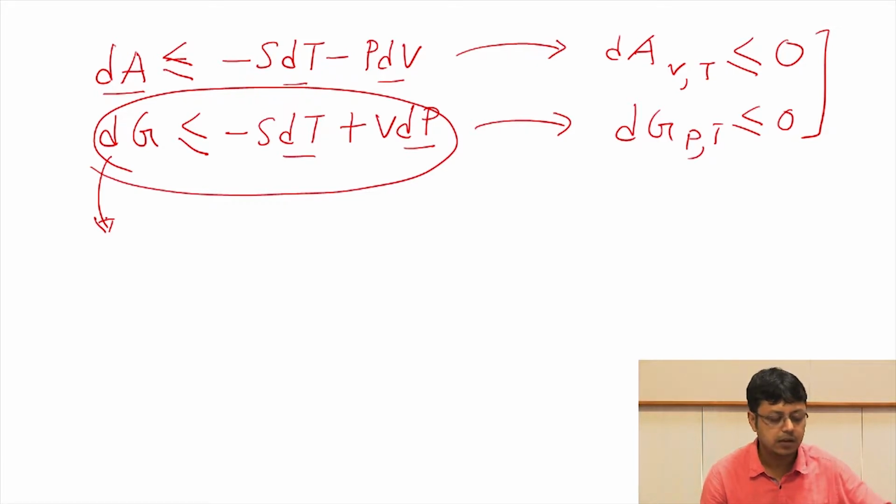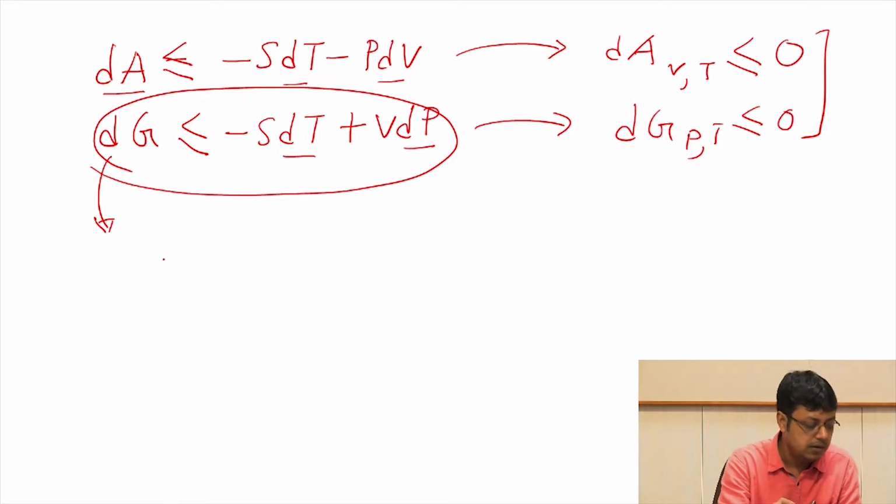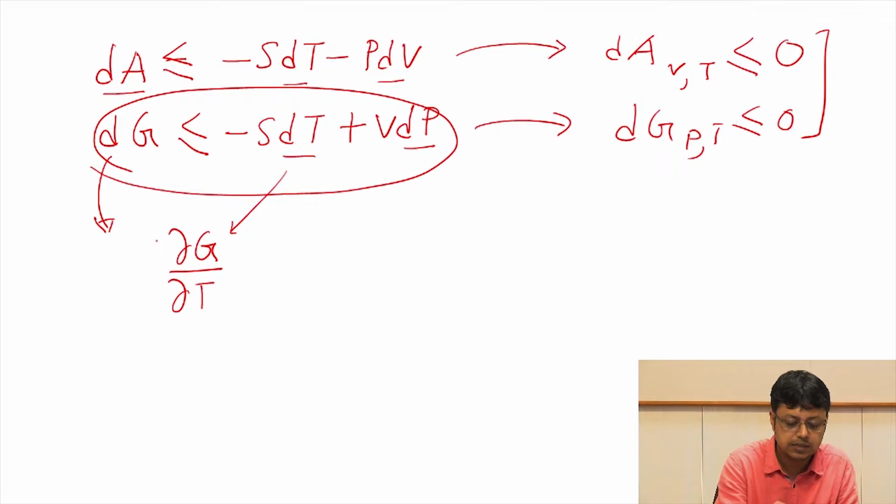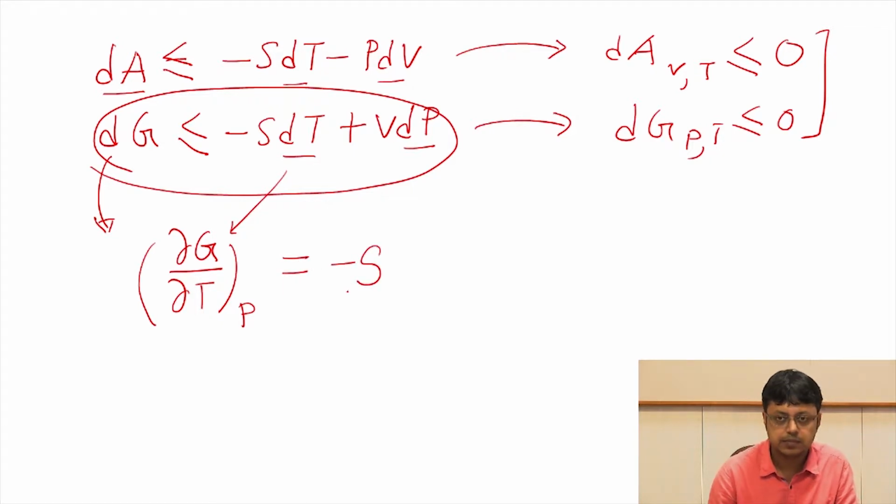Because just like we formulated the Maxwell relations, in a similar spirit we can write del G, del, say first we are taking the variation of Gibbs free energy with temperature. So then we'll just use del G del T at constant pressure. That will be nothing but equal to minus S.